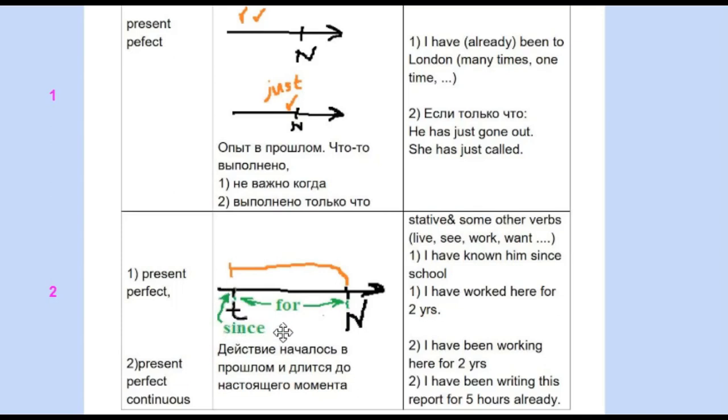We can use since. Something has happened since this time. Something has happened for this period of time, from time point in the past till now. And the main point here is that the action is not finished. Let's see.